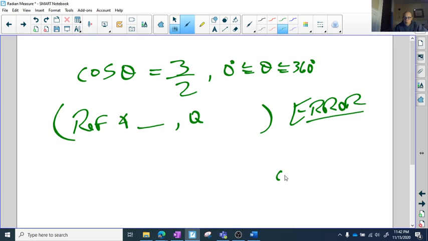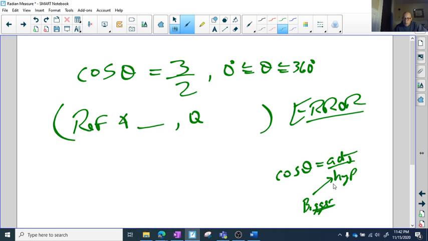I want you to think about cosine, right back to your very basic trigonometric identities. Cosine of theta is the adjacent over the hypotenuse. Well, by definition, the hypotenuse has to be bigger than the adjacent, because the hypotenuse is the longest side in your diagram.